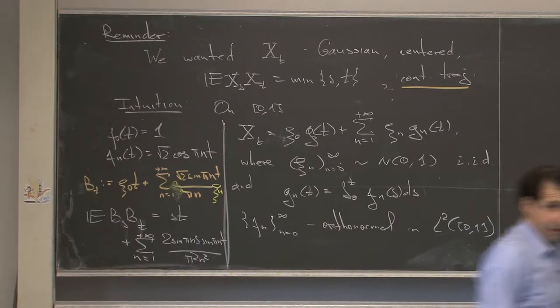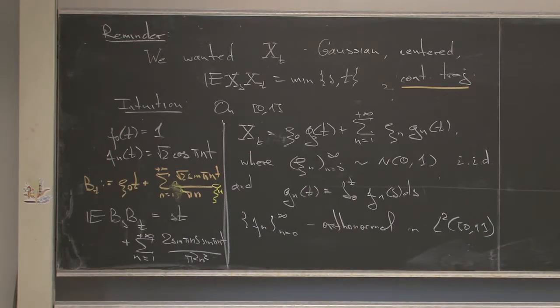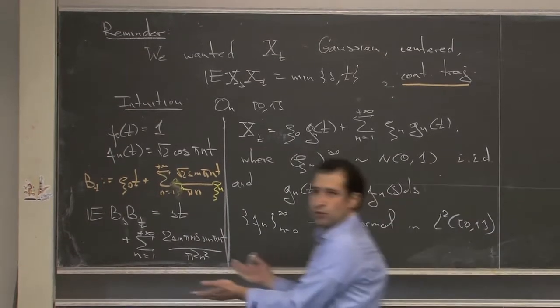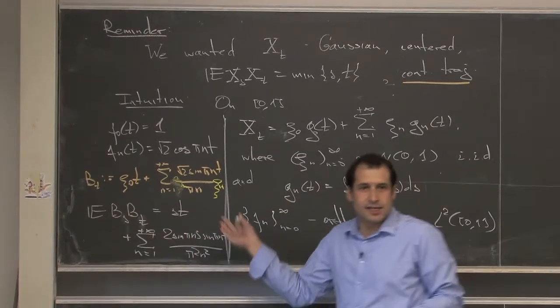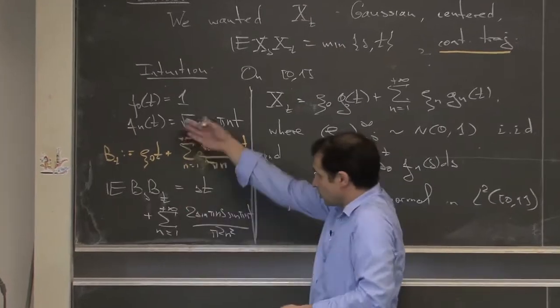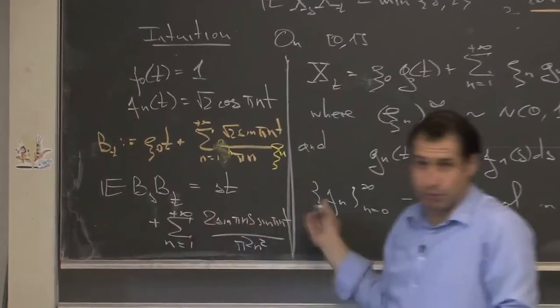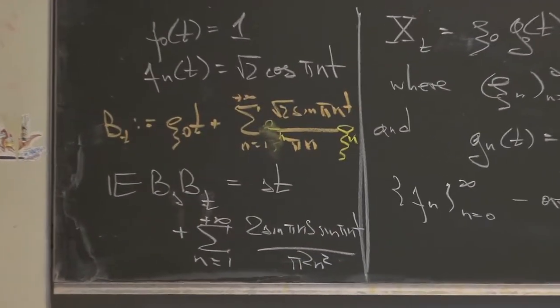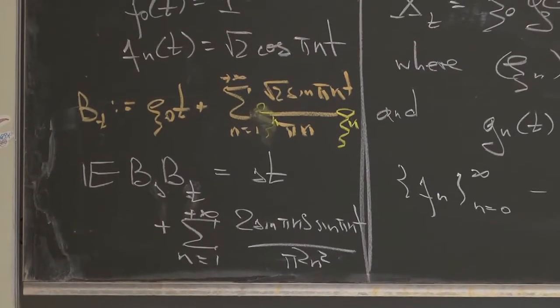So this is a perfectly well-defined series, and it's computable. This is some exercise in Fourier analysis. To make everything rigorous, you just compute this sum and see, okay, I indeed constructed what I needed.